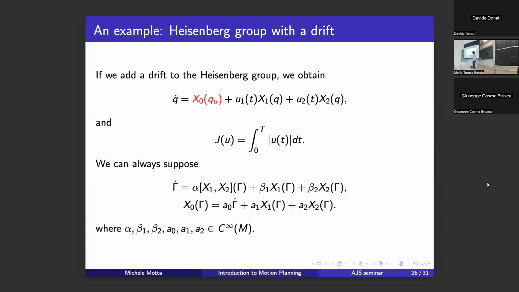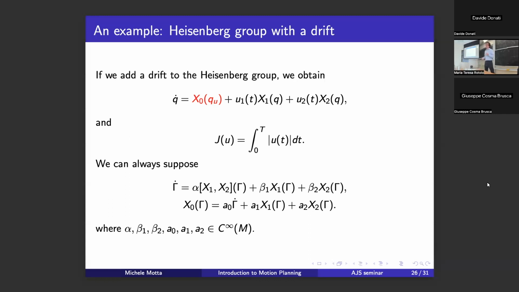It is interesting just in the case when this coefficient is different from 0, because otherwise you can move horizontally. This is easier. And also the drift can be decomposed.